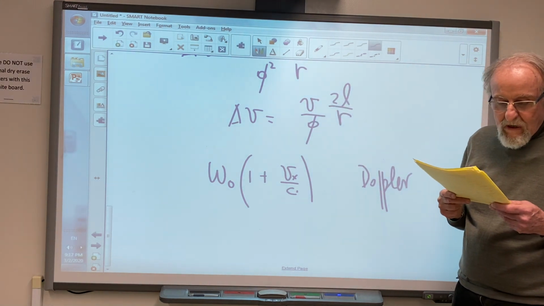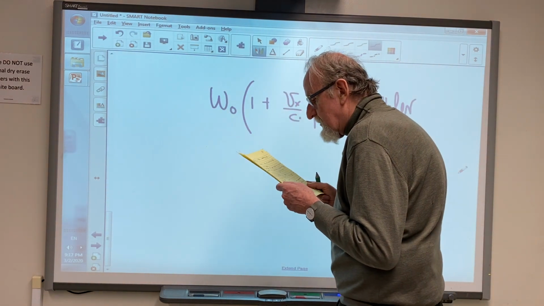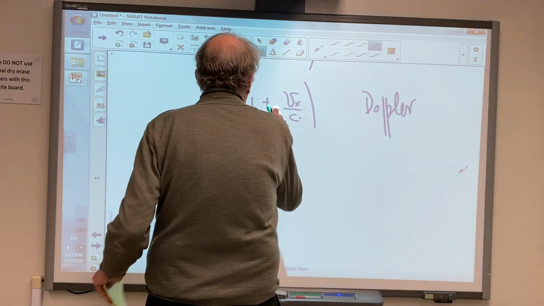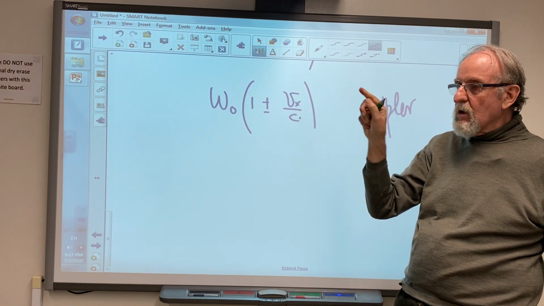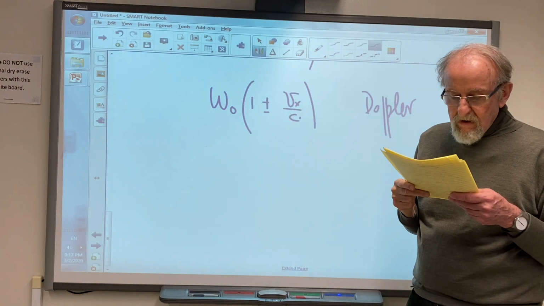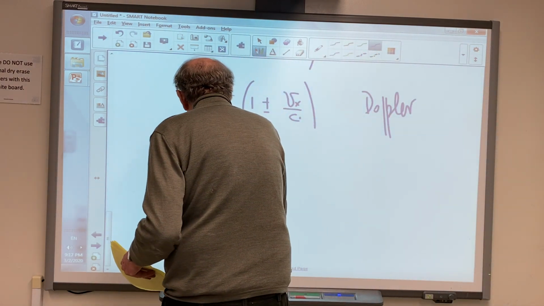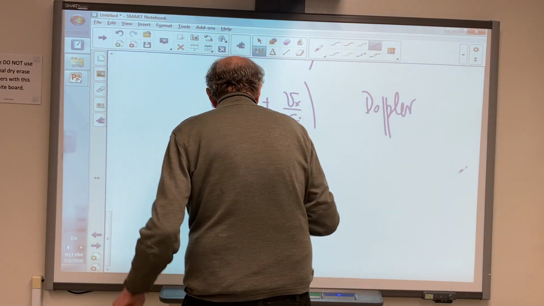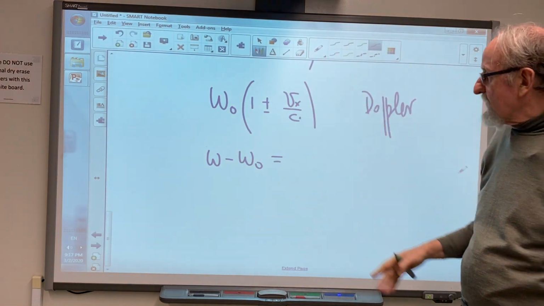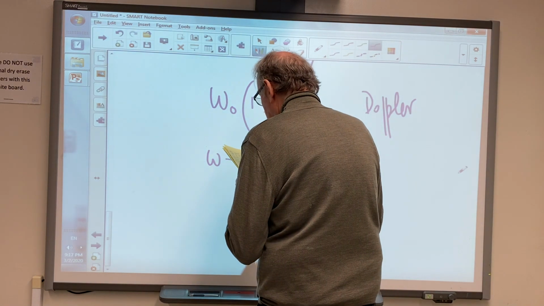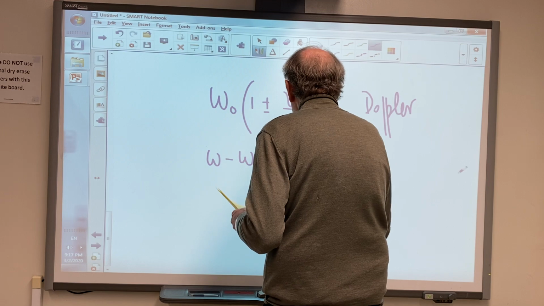And we can calculate what this is. Okay, so let me just calculate how it shows up. It's a plus or minus, remember, because there will be molecules that are moving towards you and molecules that will be moving away from you. So omega minus omega 0, the discrepancy between the frequency you measure and the frequency when the molecules were at rest, will be omega 0 Vx over c.